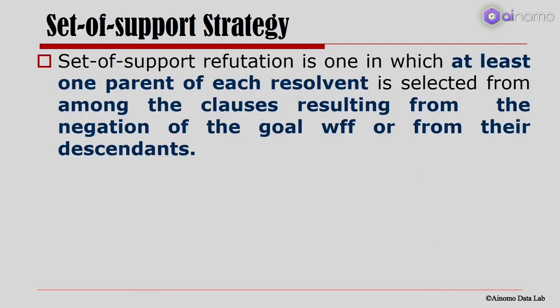Next, let us focus our attention on another of the strategies called the set of support strategy. Now, a set of support refutation is one in which at least one parent of each resolvent is selected among the clauses which result from the negation of the goal well formed formula or from their descendants.